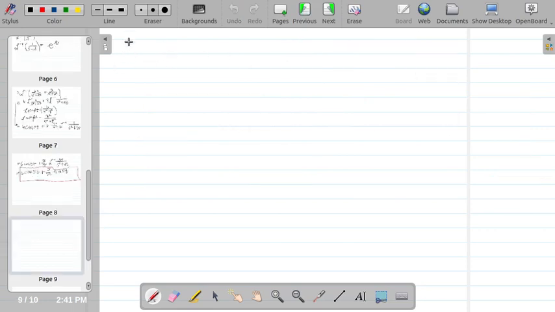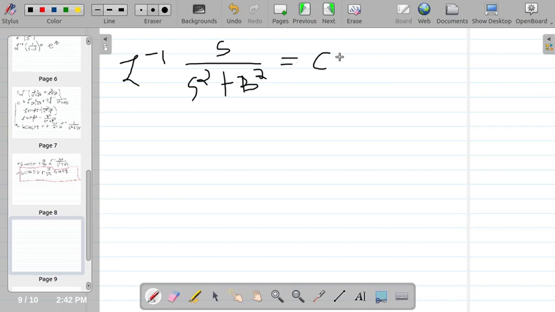So we can conclude that the inverse Laplace of s over s squared plus beta squared is just equal to cosine beta t.